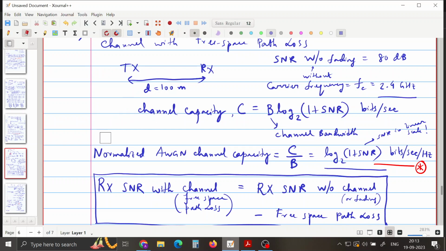So it's better to avoid this word. I'll avoid this word. So the normalized channel capacity. There's a lot of space in between, so I'll just bring it close.